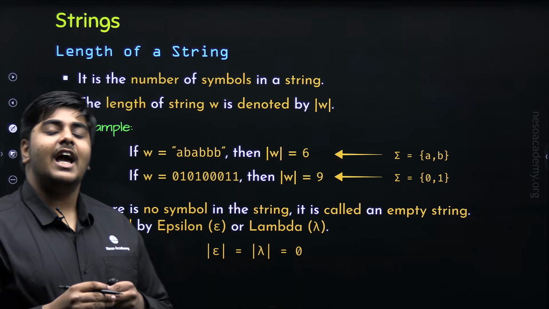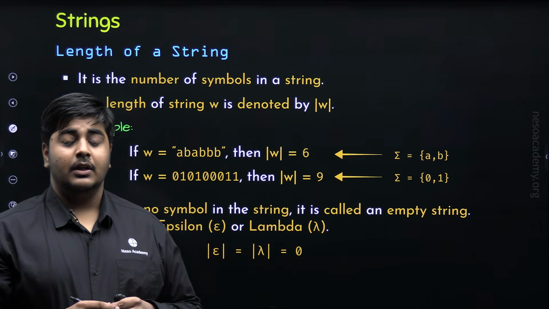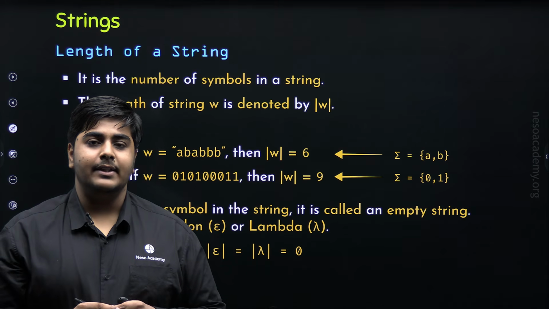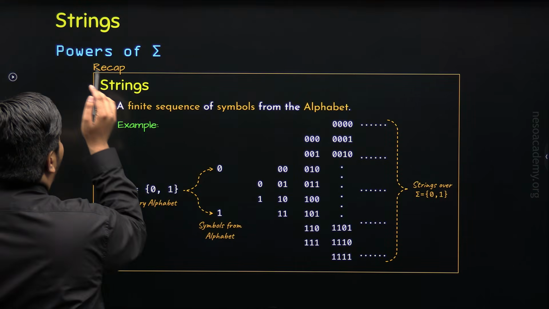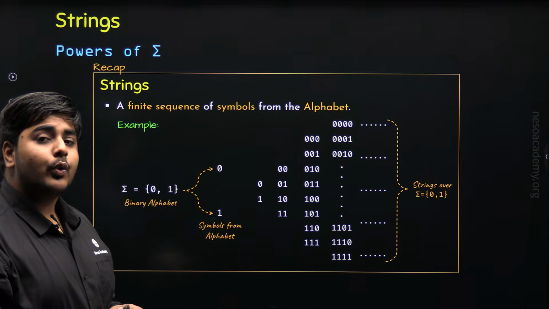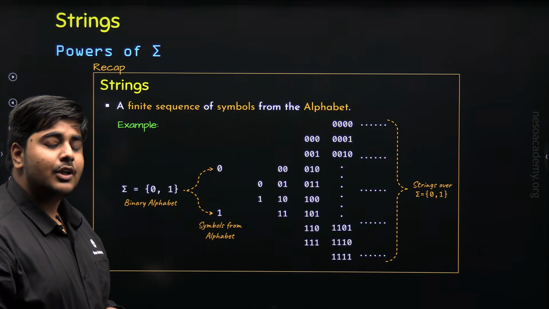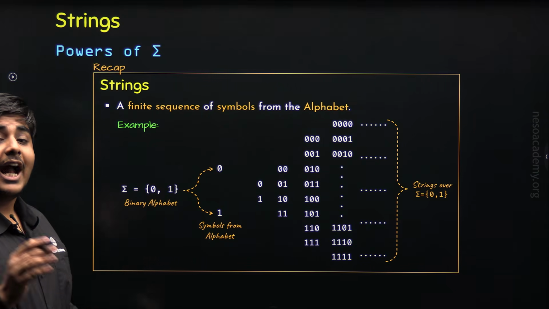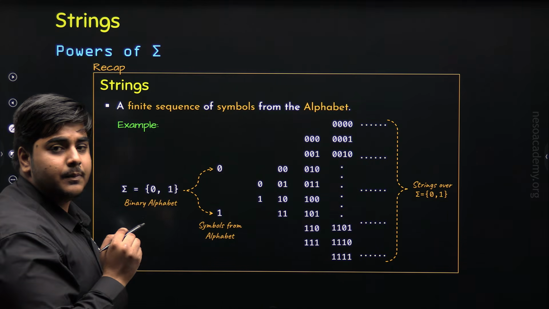So in this way, we have understood how to calculate the length of a string. Now we will move towards the next subtopic under strings, that is the powers of sigma. To understand what powers of sigma are, we first need to take a quick recap of what we have understood in strings. There we took a simple example of a binary alphabet and generated multiple strings from these symbols.